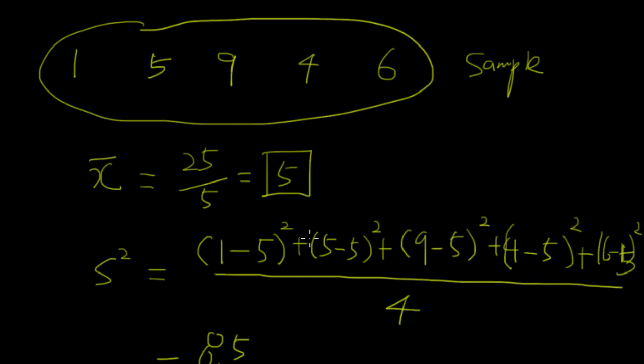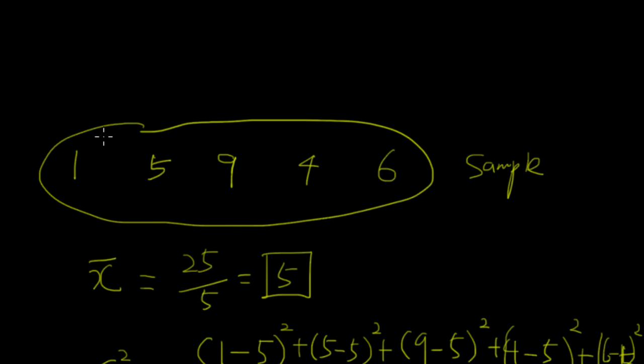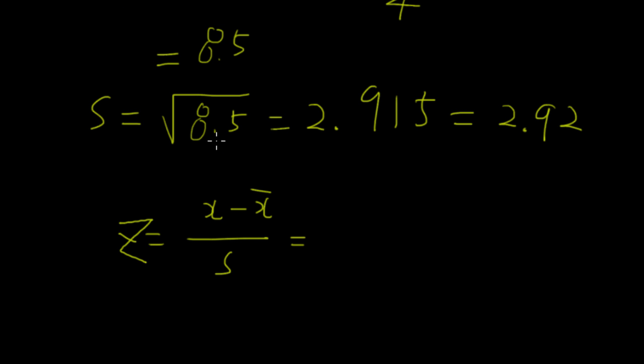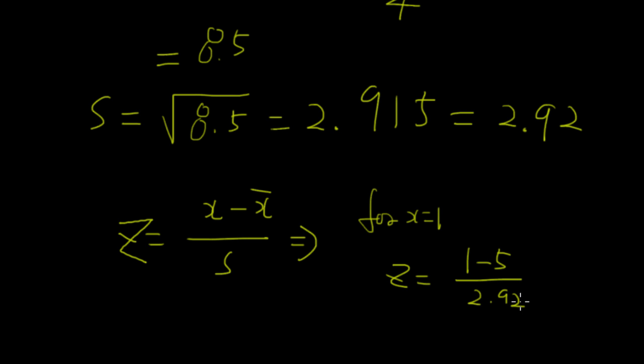So, our z-score, the first one, 1, right here. For x equal 1, the z-score would be 1 minus 5, because x bar was 5, over 2.92. So what would that be? That would be negative 1.36.